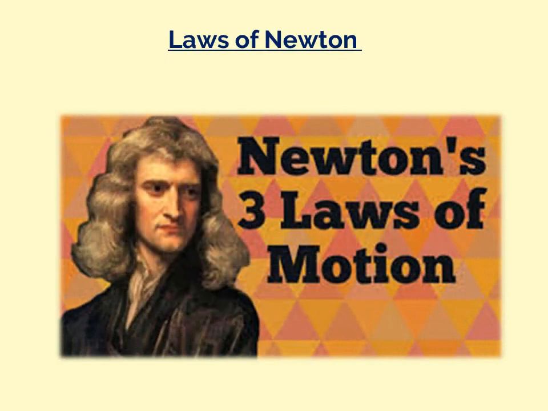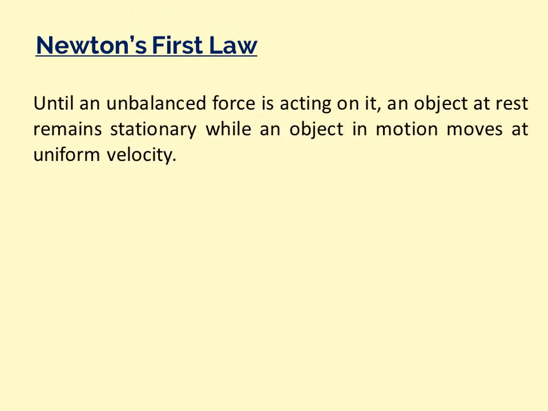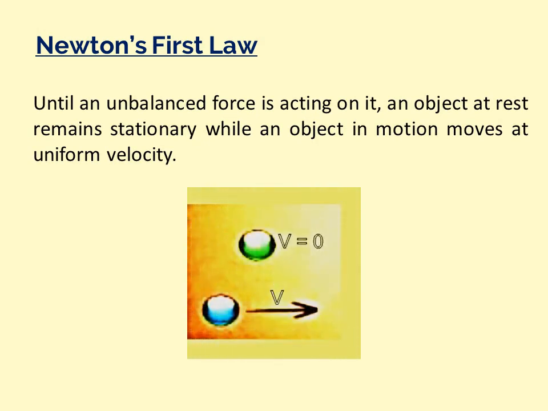There are 3 laws implemented by Sir Isaac Newton with regard to the motion of objects. So those laws are what we are going to take now. The first law of Newton regarding motion: until an unbalanced force is acting on it, an object at rest remains stationary while an object in motion moves at uniform velocity.